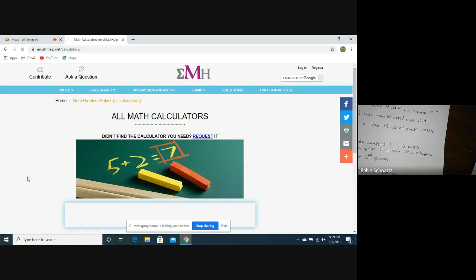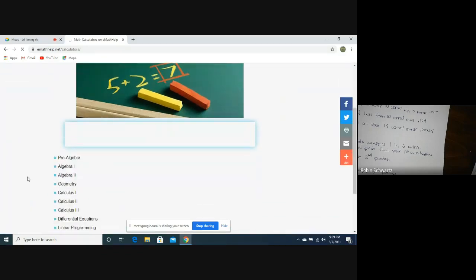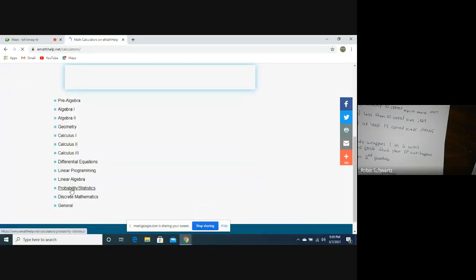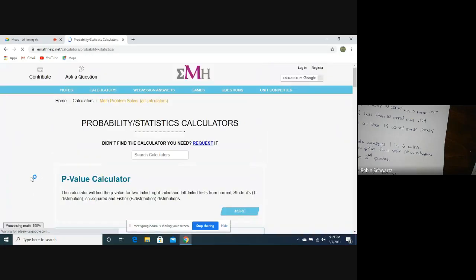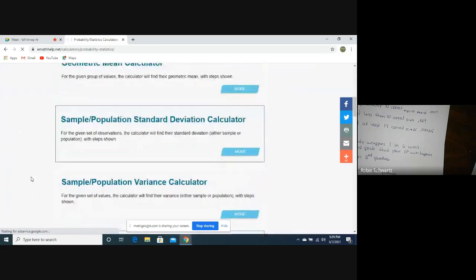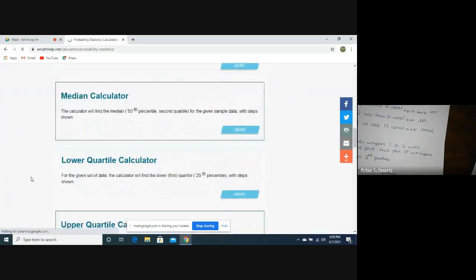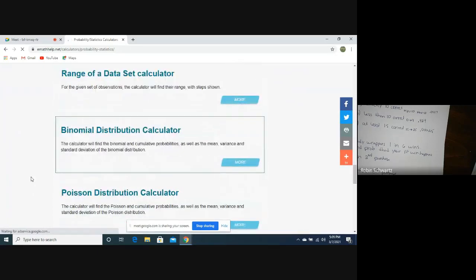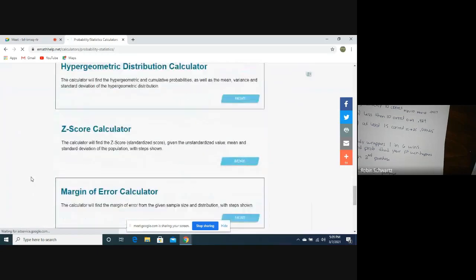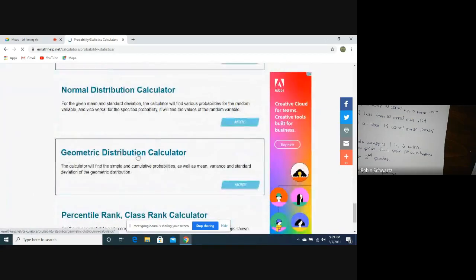And if you scroll down, you will find probability statistics. Click that one. And then you just got to scroll down and you'll actually find it. It's kind of far down. Geometric distribution calculator. Click more.